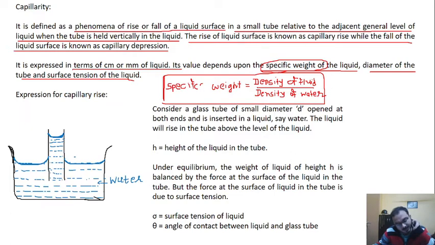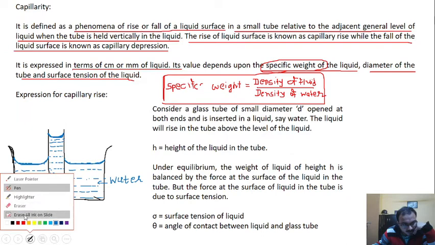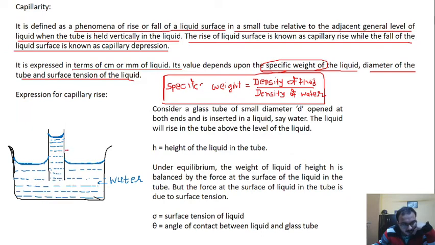Okay, and here there are a few important things that are present over here. First, this will be the diameter, then this height will be h, that is capillary rise, and there will be some angle which is present over here between this free surface and the tube.